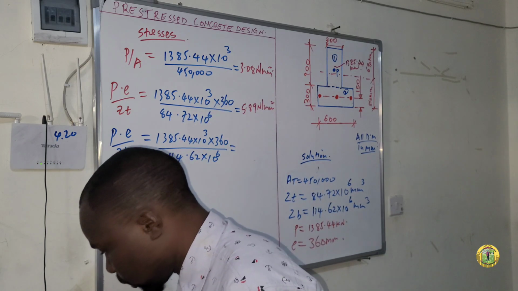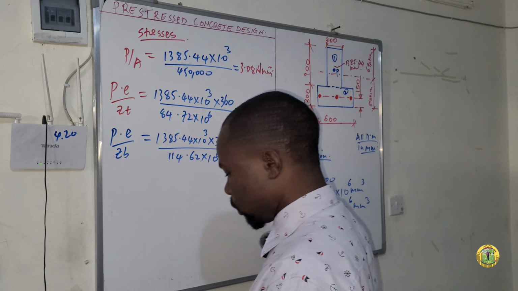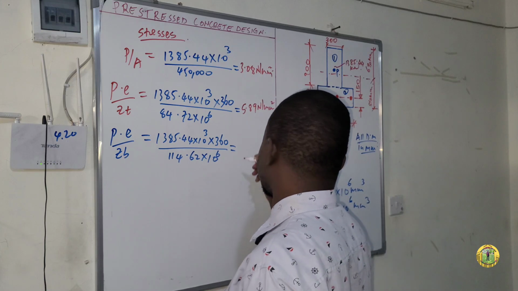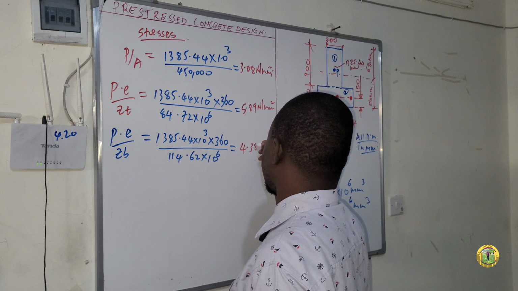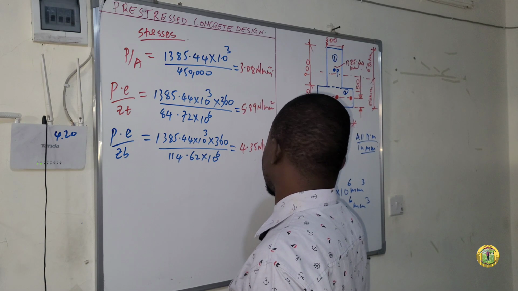So again, let's carry out the operation. So this one is 4.35 Newton per millimeter square.